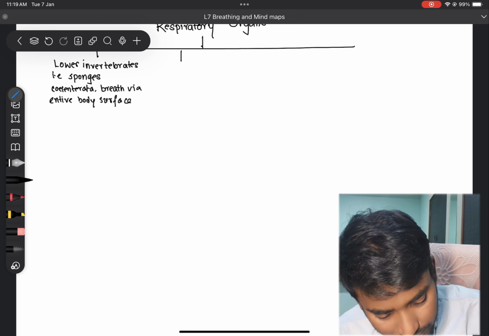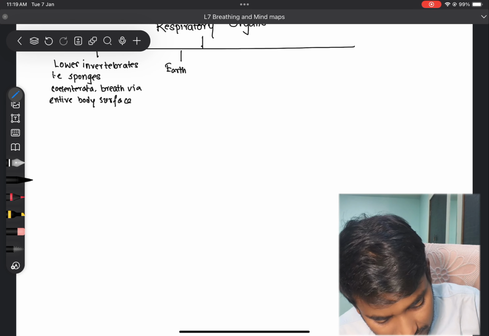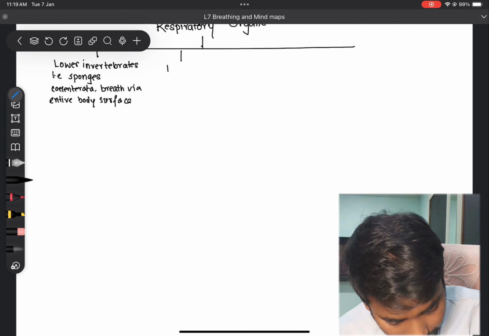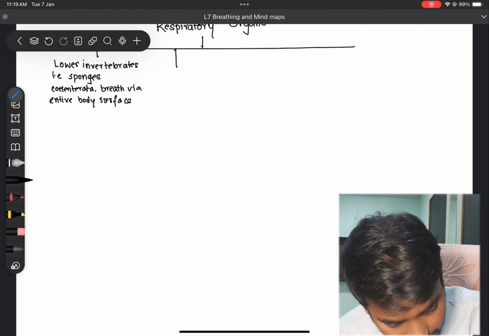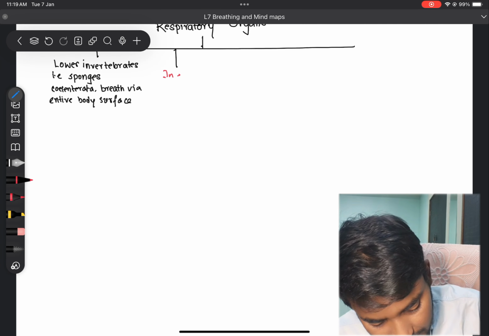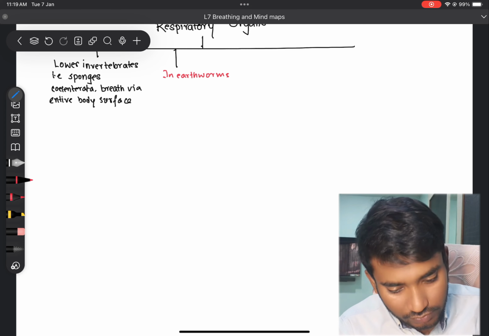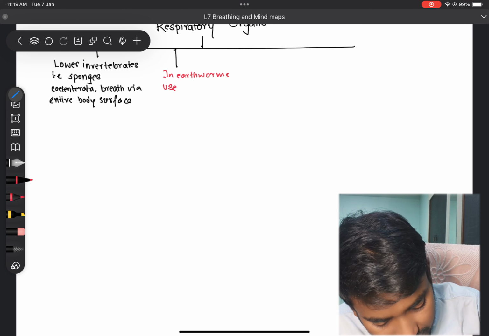Now in earthworms, the earthworm uses its moist cuticle.